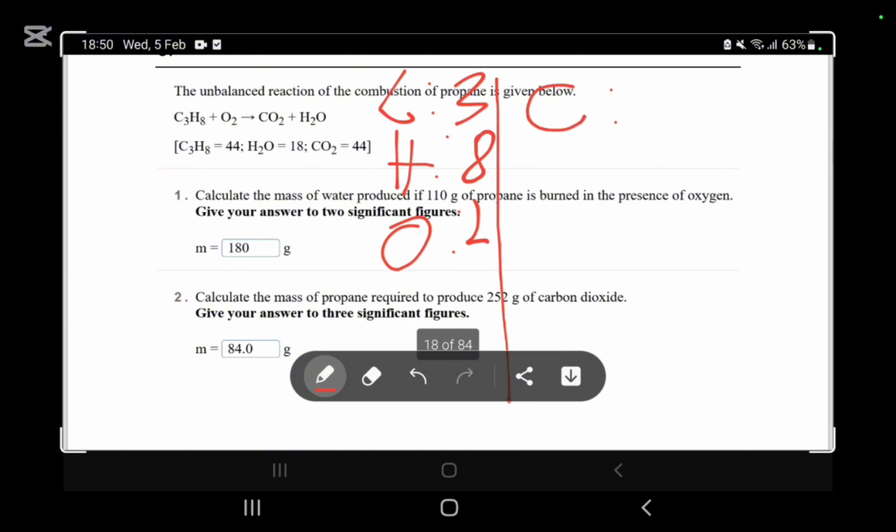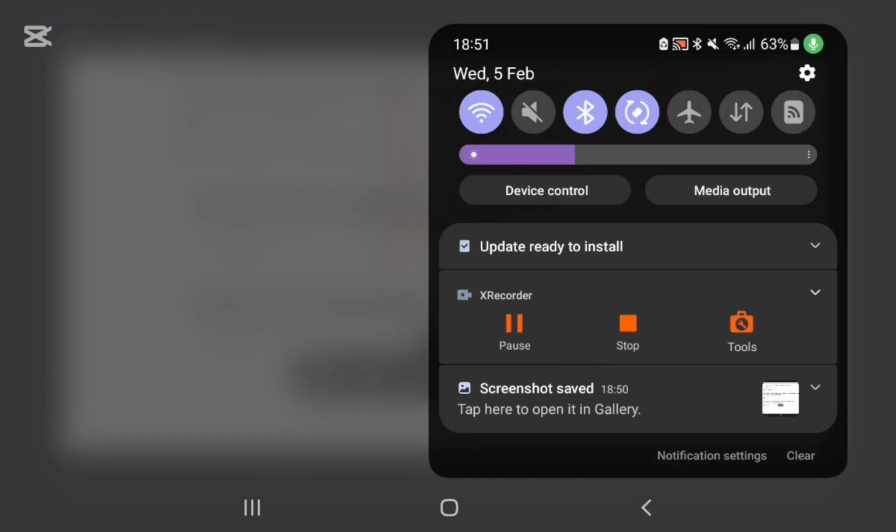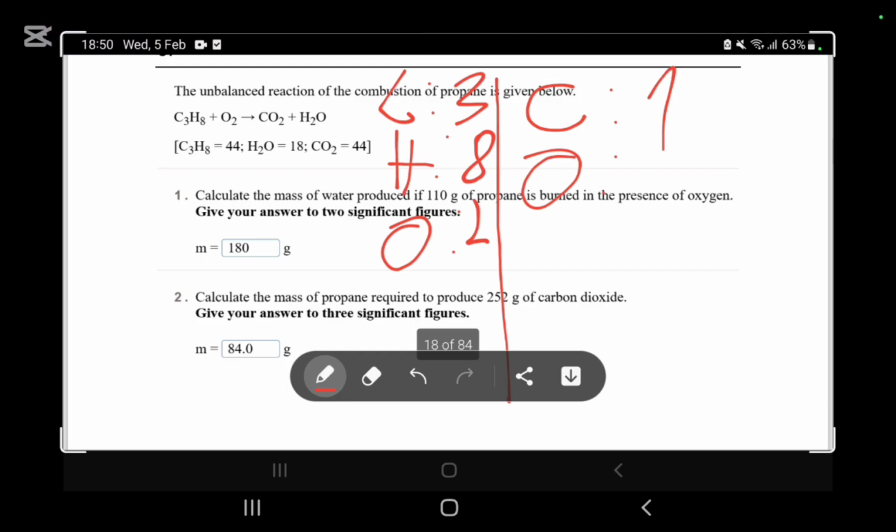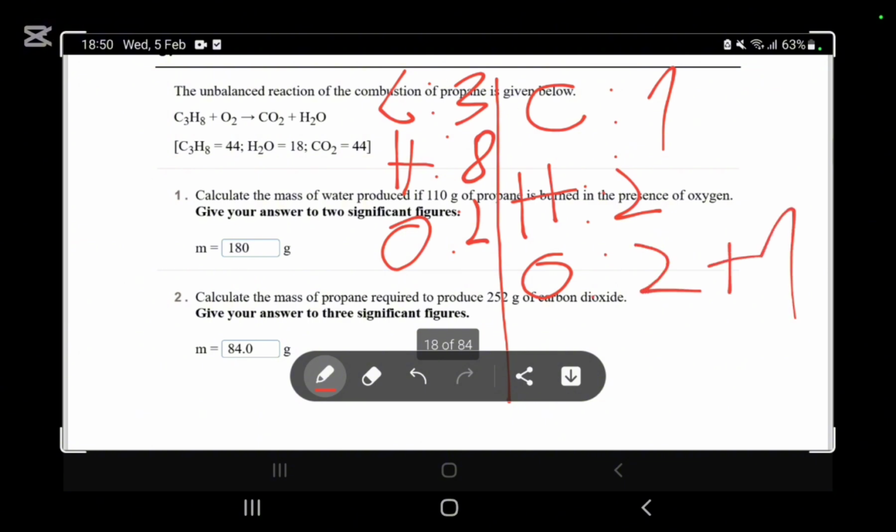Here, C is 1, O is 2 plus 1. Wait, actually, just let me rearrange it. H is 2 and O is 2 plus 1.